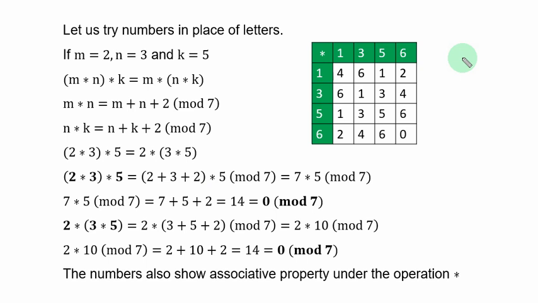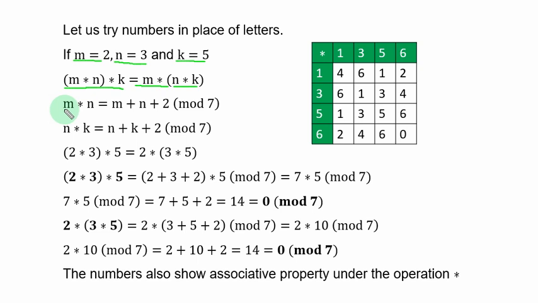Let us try numbers in place of the letters and see the outcome. From the given sets, let's say m is equal to 2, n is equal to 3, and k is equal to 5. So we want to show that bracket open m asterisk n bracket close asterisk k is equal to m asterisk bracket open n asterisk k bracket close.